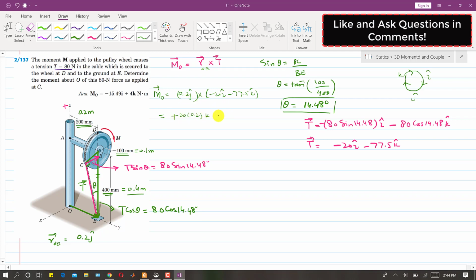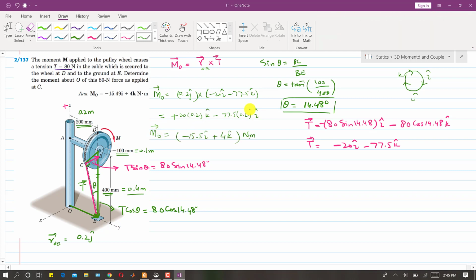And then plus into minus, minus 77.5 into 0.2, and j cross k is i. If I solve this, this will be the moment about O due to this tension vector: minus 15.5 i plus 4 k.